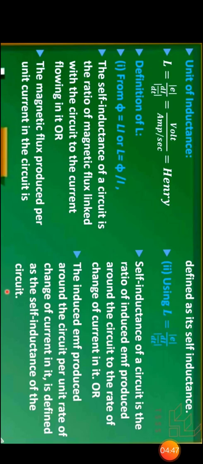The self-inductance of a circuit is the ratio of induced electromotive force produced around the circuit to the rate of change of current in it. Or we can state that the induced electromotive force produced around the circuit per unit rate of change of current in it is defined as the self-inductance of the circuit.